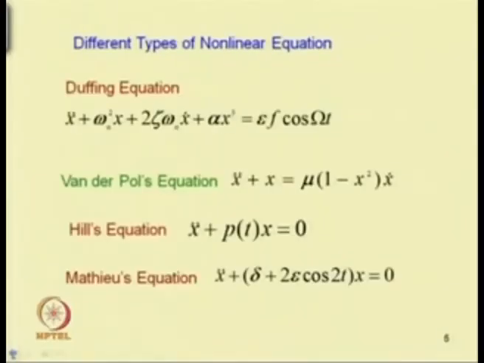Till now, in the case of discrete systems, we have studied different types of nonlinear equations. The equations of motion we have derived can be categorized into these types: one is the Duffing type of equation, another is the van der Pol equation, and the third is Hill's equation and Mathieu equation. In the Duffing equation, we can have a cubic nonlinear term, or the nonlinearity can also be of higher order.